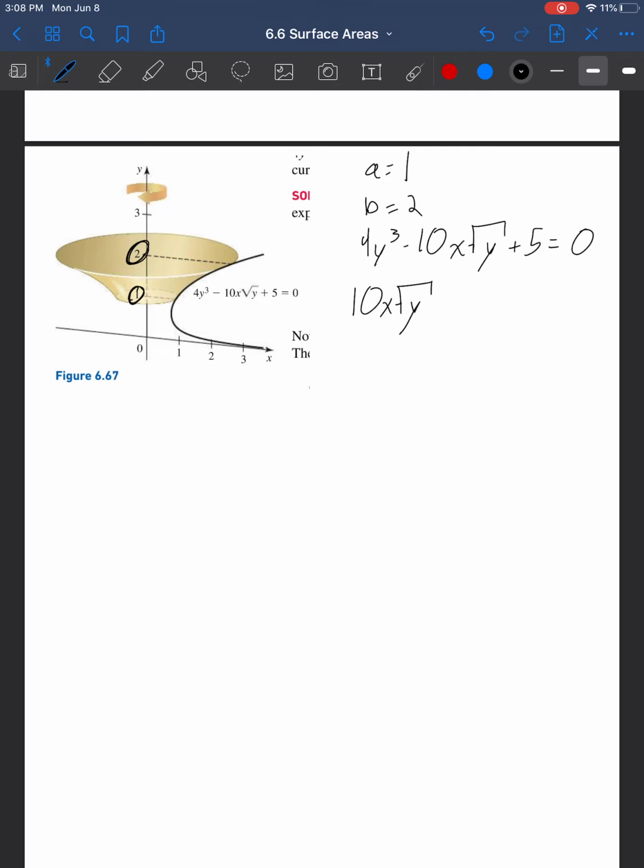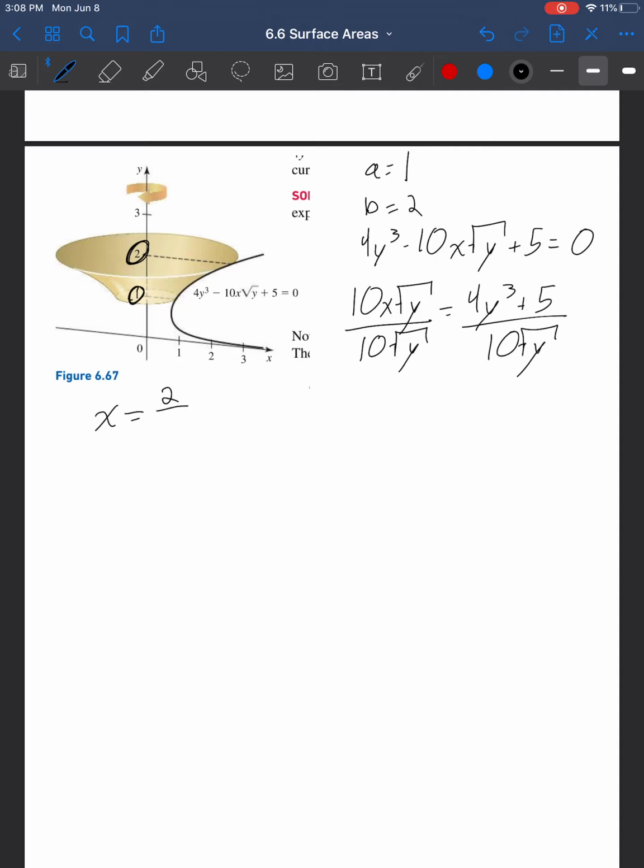So I can add 10x square root of y to both sides. I get 10x square root of y equals 4y cubed plus 5. And now I divide both sides by 10 square root of y to get x by itself.